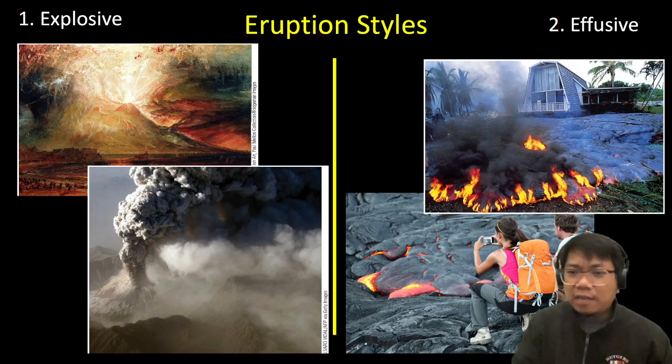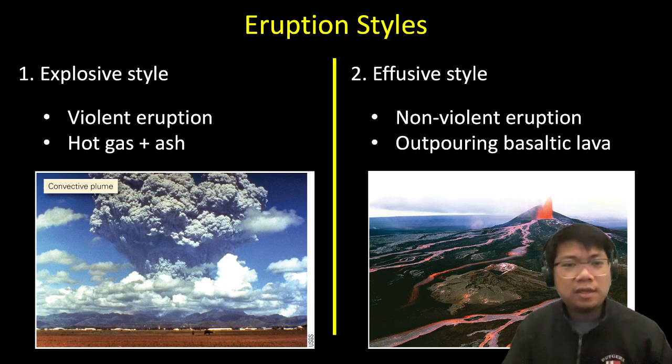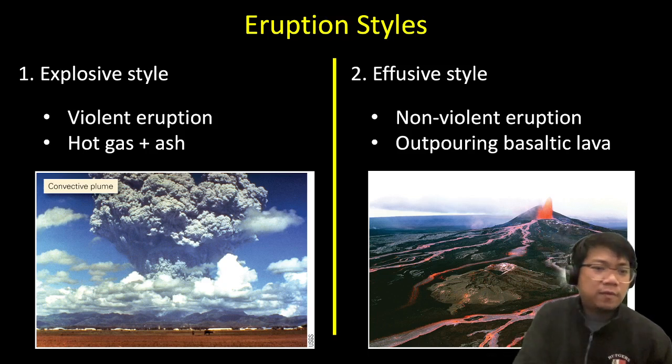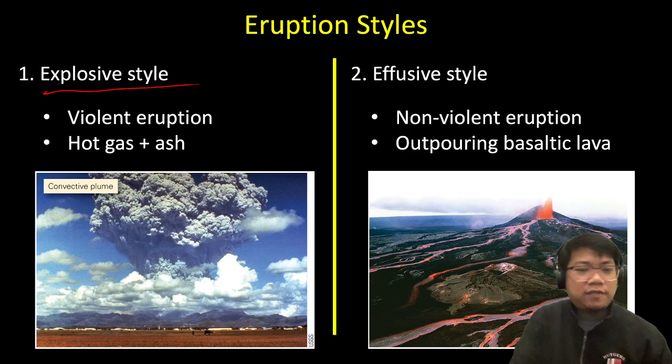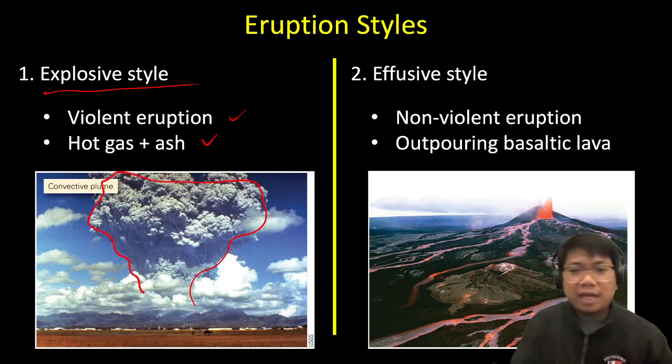In fact, it mostly involves some lava flow. Look at this, right? This lava flow. All right, so what are the differences between the two eruption styles that I already mentioned before? For explosive style, again, it is violent eruption of volcanoes, and these volcanoes typically produce hot gas and ash as part of this convective plume that you see here in this picture on the left.